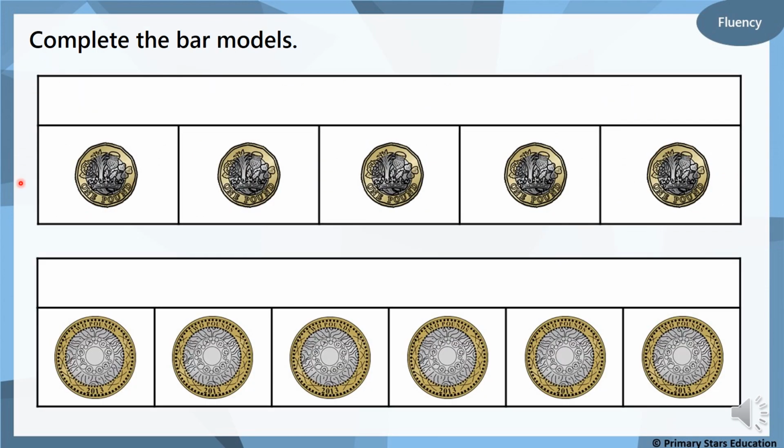Right, now we have a bar model. Most of you should have come across bar models before. Remember, this top part here is the whole. So this is where we write what the whole number is. And then underneath, the bar model is divided into parts. So we've got 1, 2, 3, 4, £5.